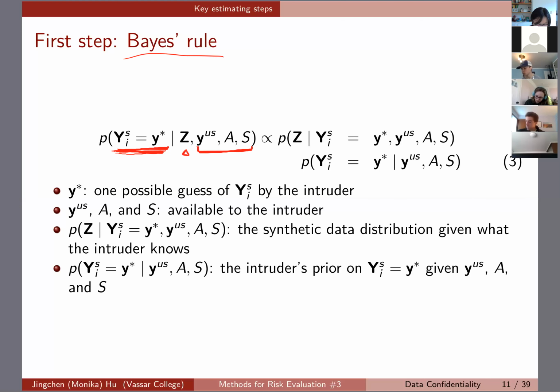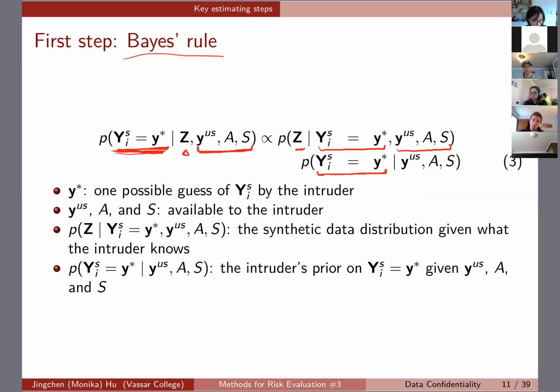By Bayes' rule, using proportionality, this can be proportional to the product of Z, remember, Z is what we have for the synthetic data, so this distribution, Z given what we are guessing and all of the assumptions, multiplied with the second term, which we can think of as the prior: before knowing anything, what is the prior probability of a particular guess that I'm making right now? Okay. So this is strictly Bayes' rule.